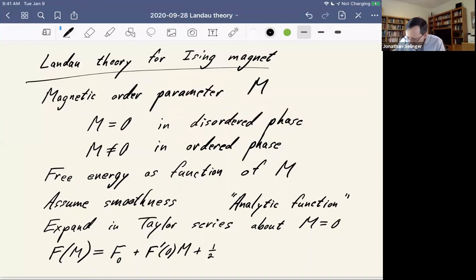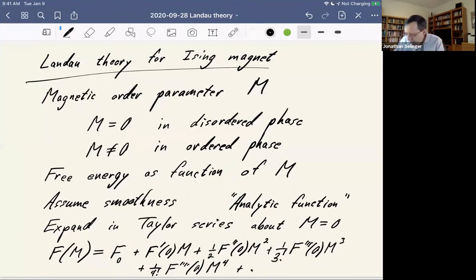So 1/2 f double prime of 0 times m squared plus 1/3 factorial f triple prime of 0 times m cubed plus 1/4 factorial f quadruple prime of 0 times m to the 4th plus ... right?